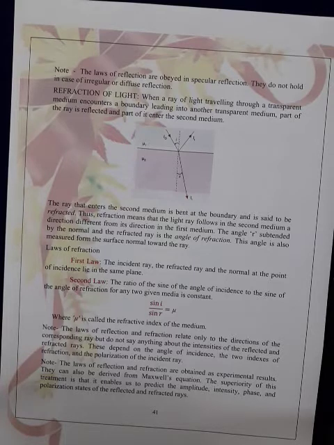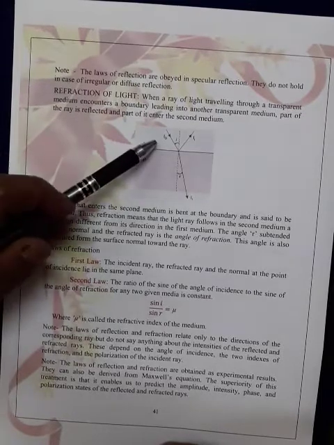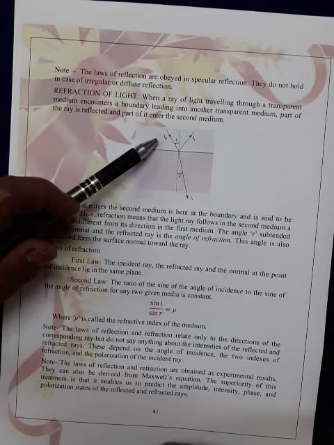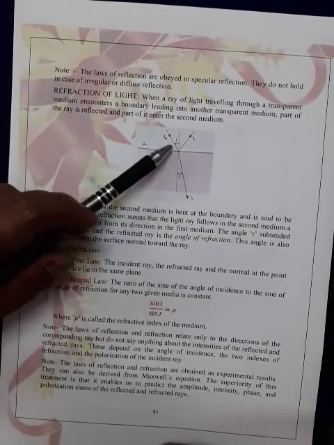Then only part of the ray is reflected, and the other part of the ray enters the second medium. If the refractive index of the first medium and that of the second medium are the same, then the light travels in a straight line.